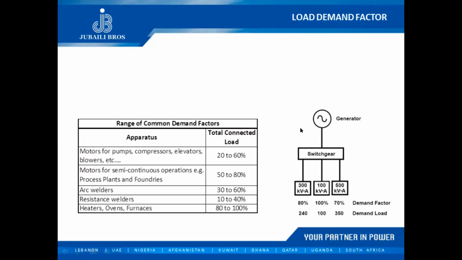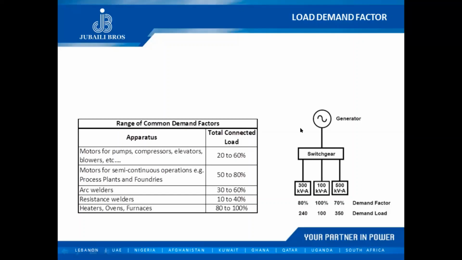And actually, this gives us a margin of ease, of relaxation. Why? Because you know that at some point, in some cases, you're oversizing your genset and you won't face any issues because the actual load is the demand load. It's the total connected load multiplied by a certain demand factor.